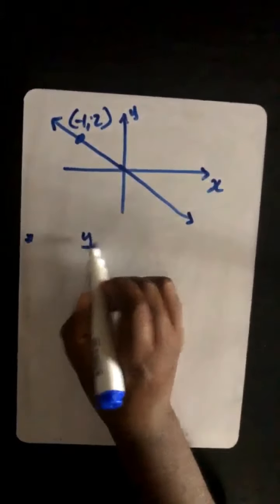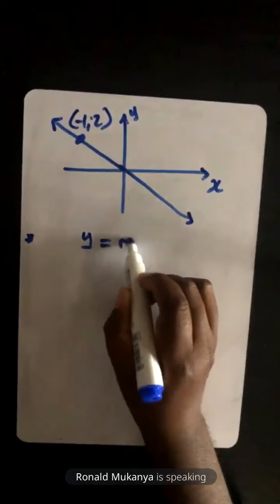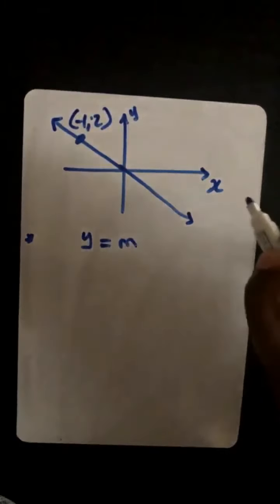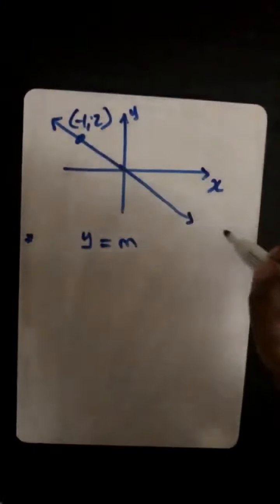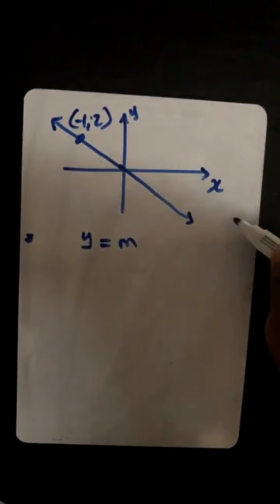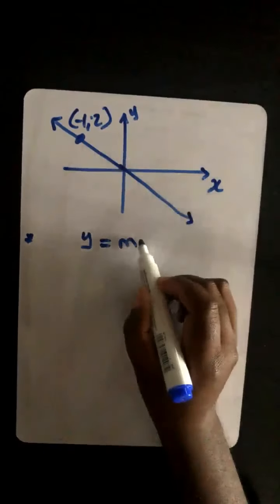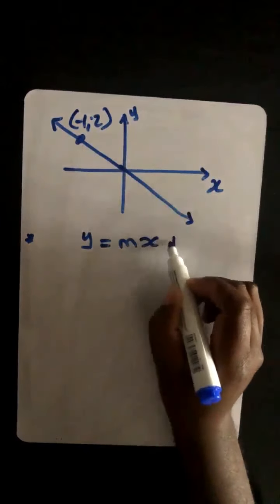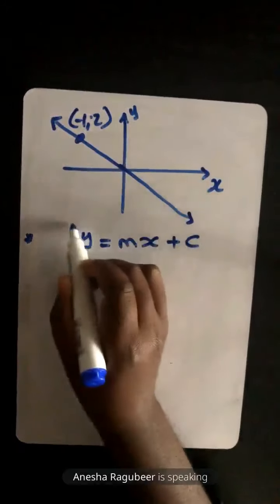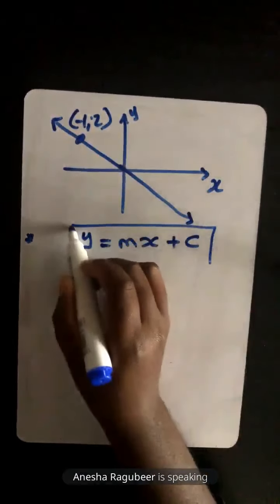May you please repeat the question, sir? On that straight line, do we have 2 points? And what are those 2 points? Sir, it could be our gradient and our C value.